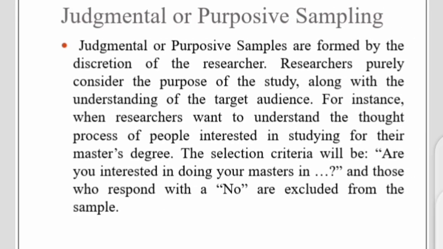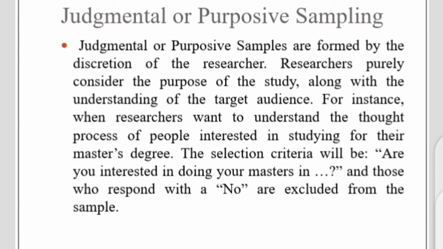Judgmental or purposive sampling. Judgmental or purposive samples are formed by the direction of the researcher. Researchers purely consider the purpose of the study along with the understanding of the target audience.